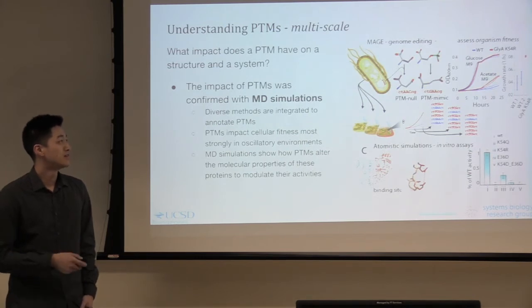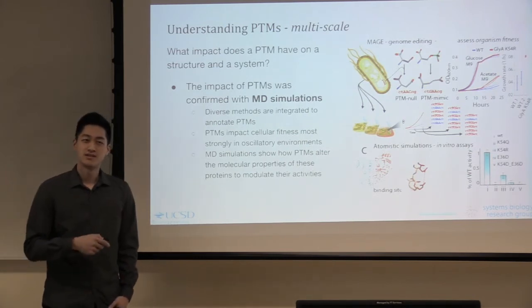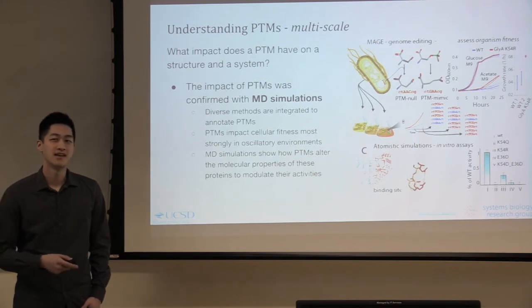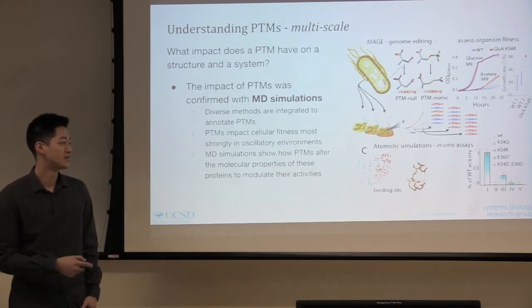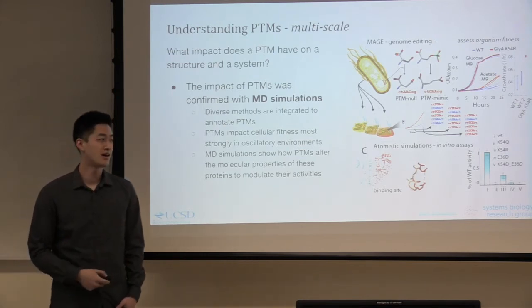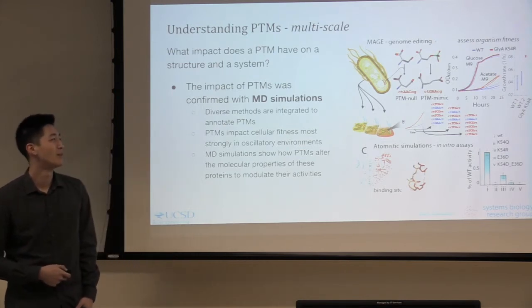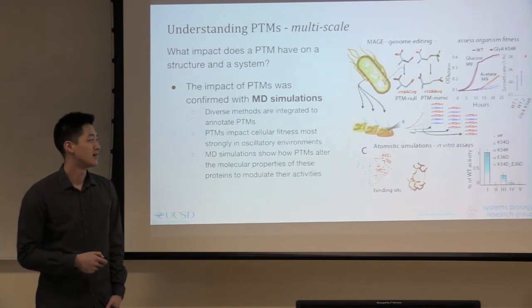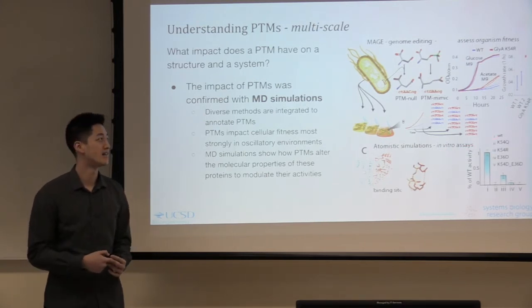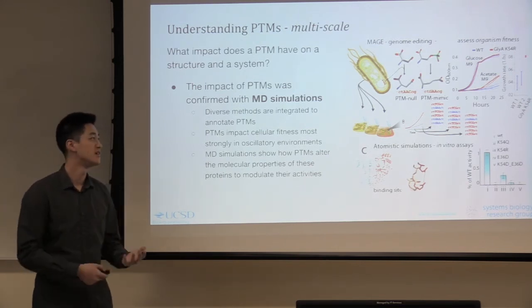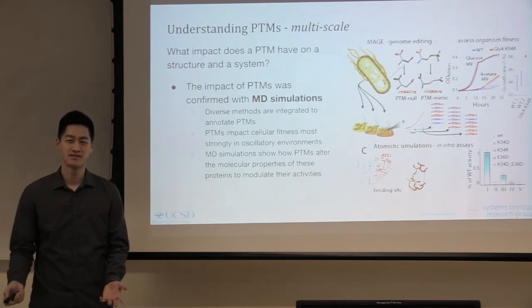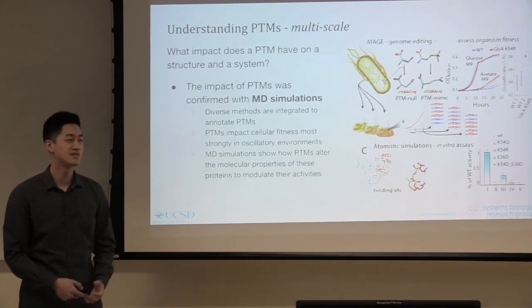So another couple of studies that have used MD in a similar way were to try to understand the effect of a post-translational modification on a cell. This was done by Elizabeth Brunk, who was a postdoc in the Palsson lab. And what they had was a set of experimental data that showed the phenotypic response that occurred when you had a specific PTM for certain enzymes within your network.